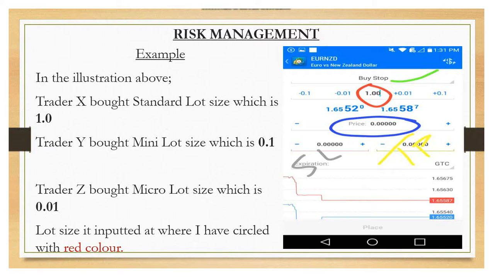Now on the picture on our right hand side, lot size is what we have circled with the red color.